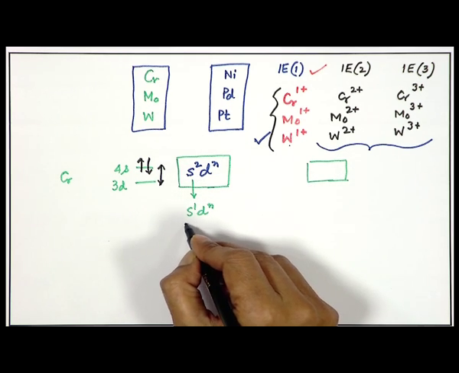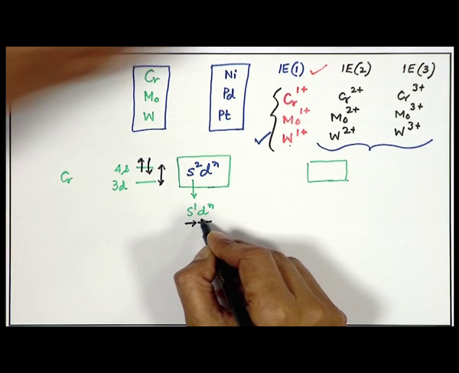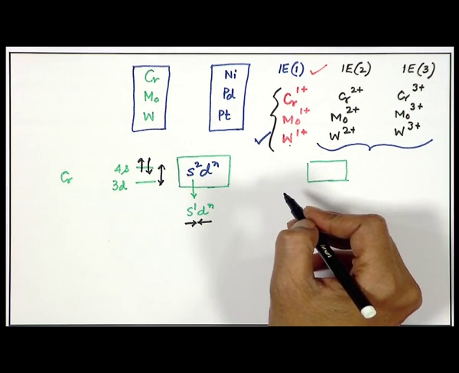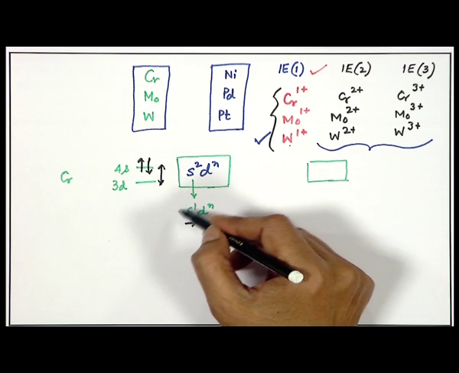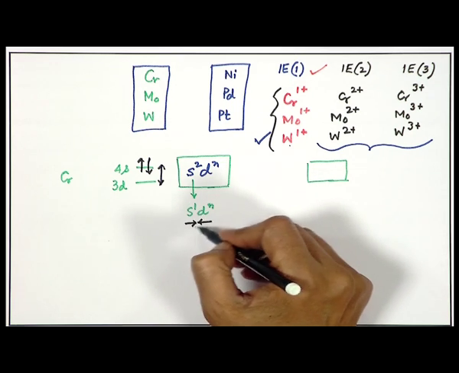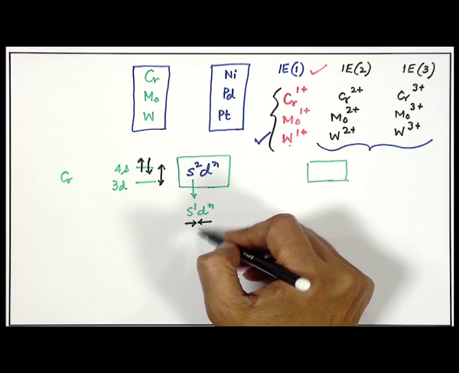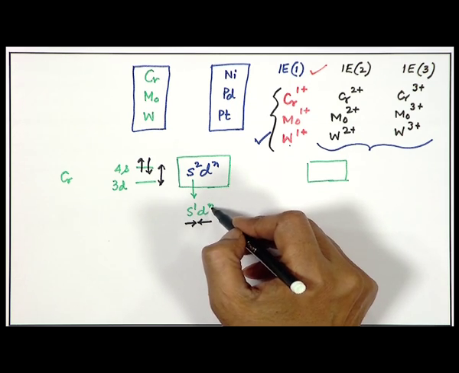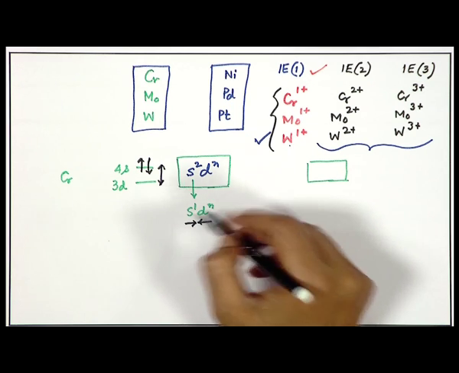these two energy levels go very close to each other. If they are very close and merging, the s electron can go to the d level, because there is no s left.